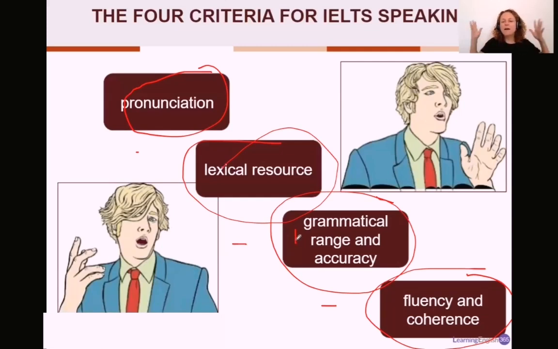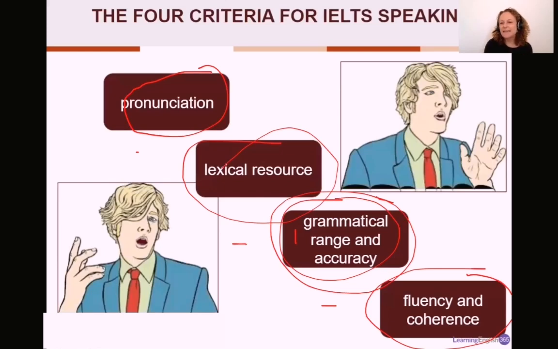Don't think, oh, my fantastic range of vocabulary, I know loads of words, I've learnt the dictionary off by heart, I know every single word there is, I'm fine. No. Your excellent vocabulary will not make up for deficiencies in your grammar. Each one needs equal attention from you. And to get that high mark, each one of these has to attract a high mark too.